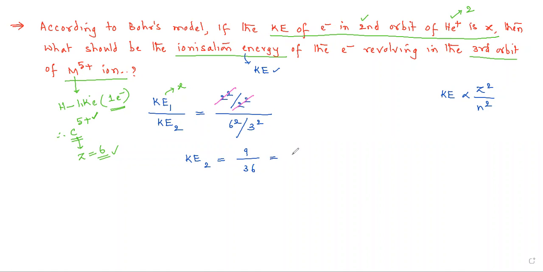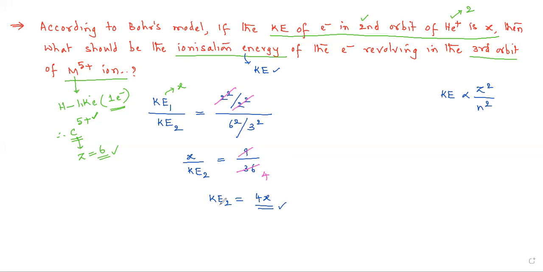So this is nothing but 9 by 36. This is, of course, x by ke2. So therefore, ke2 can be written as 4x.